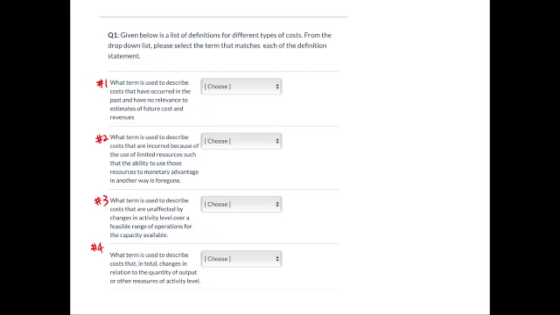Okay. For example, number 1, what term is used to describe costs that have occurred in the past and have no relevance to estimates of future cost and revenues? So it happened in the past and it has no relevance to your current choice. So this type of cost, what's the name of it?